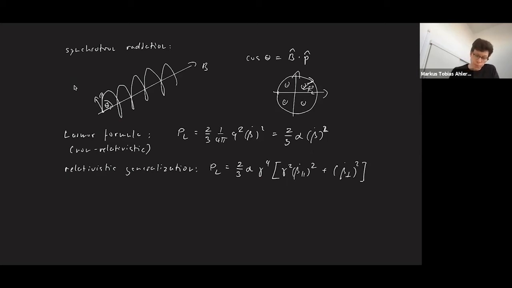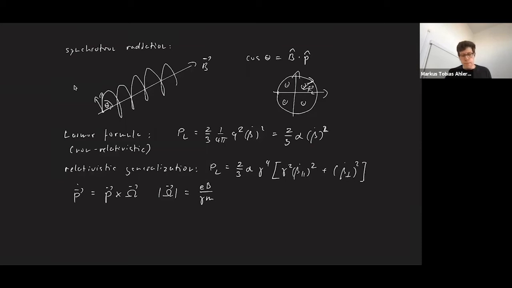Now, what is the acceleration for the case of synchrotron radiation? We have introduced here the motion of electrons in the first lecture. So this was given as p cross omega. And omega is basically a vector pointing in the direction of the magnetic field with the normalization of the frequency of the gyro motion. So the length scale of omega is the Larmor frequency, which is given as eB over gamma m.